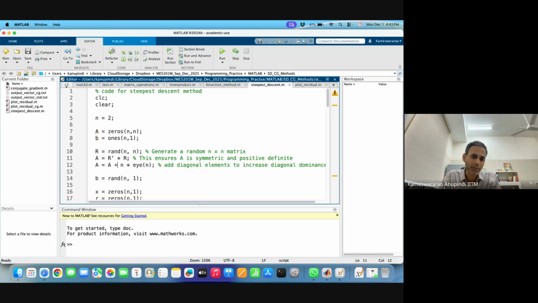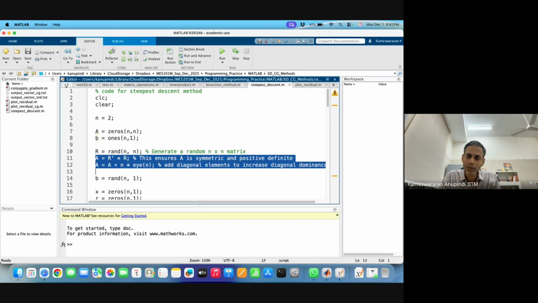A symmetric matrix, and to make sure that it is positive definite, I increase the diagonal values by this n value. The eye of n basically gives you an identity matrix in MATLAB, so I multiply that identity matrix with n, the size, and add it to A. These two steps ensure that the matrix A is symmetric and positive definite.